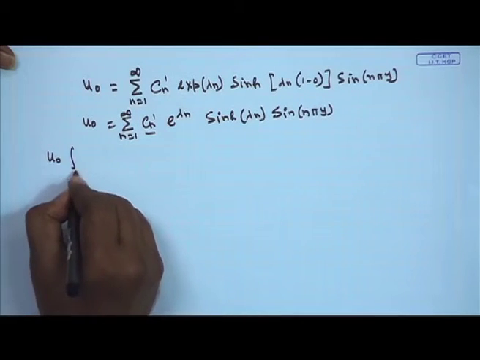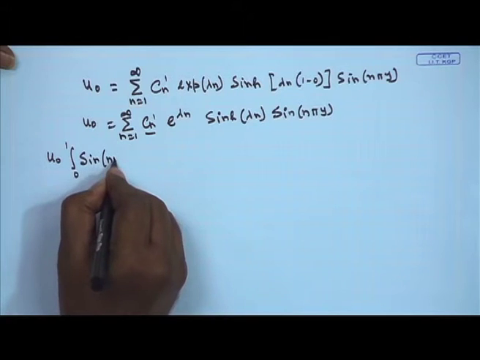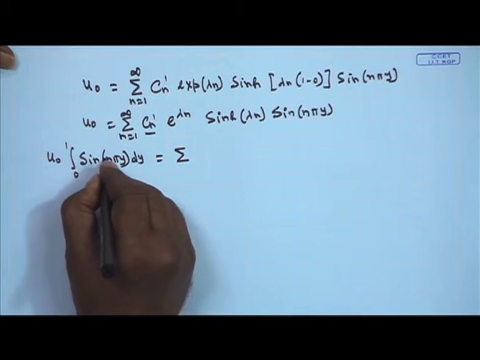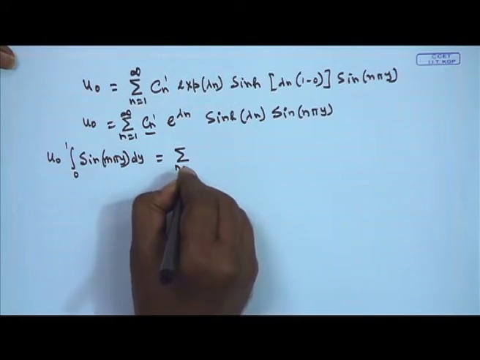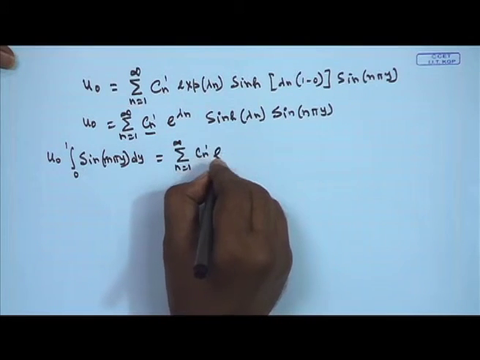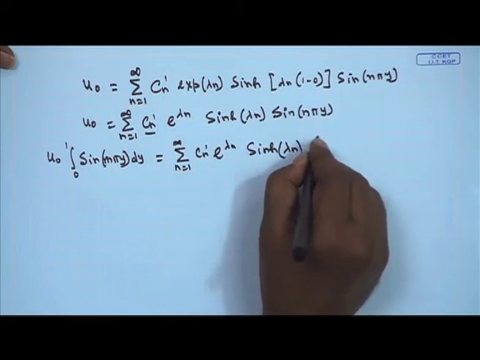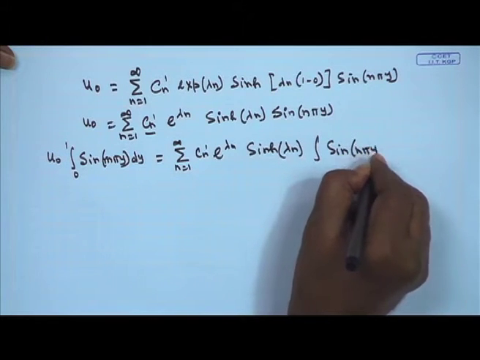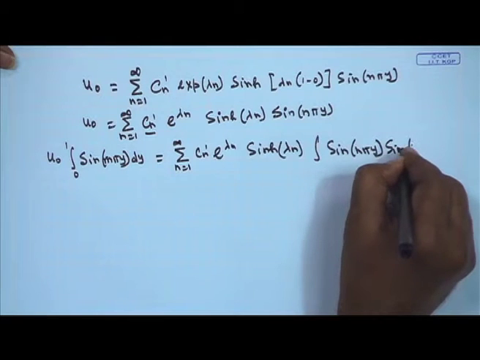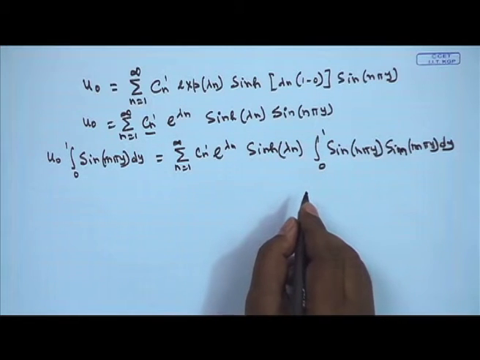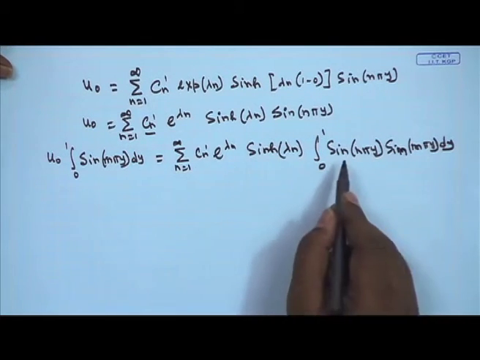See what we get: integral 0 to 1 u naught sine n pi y dy, and this will be sine m pi y dy, and this will be summation n equal to 1 to infinity Cn prime e to the power lambda n sine hyperbolic lambda n sine n pi y sine m pi y dy from 0 to 1, and using the orthogonal property, once you open up the summation series, all the terms will vanish except one term where m is equal to n, and that term we will be having on the right hand side.